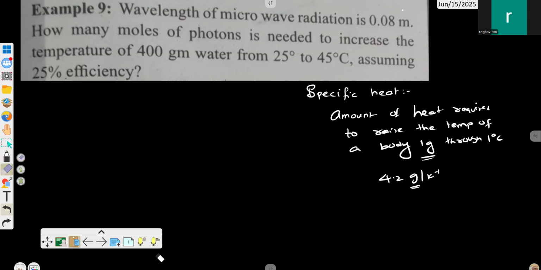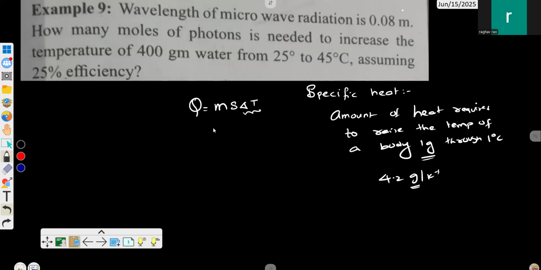So now, next. How do we calculate the amount of heat energy that is required? The amount of heat energy required would be Q is equal to m s delta T, where delta T is nothing but the change in temperature.